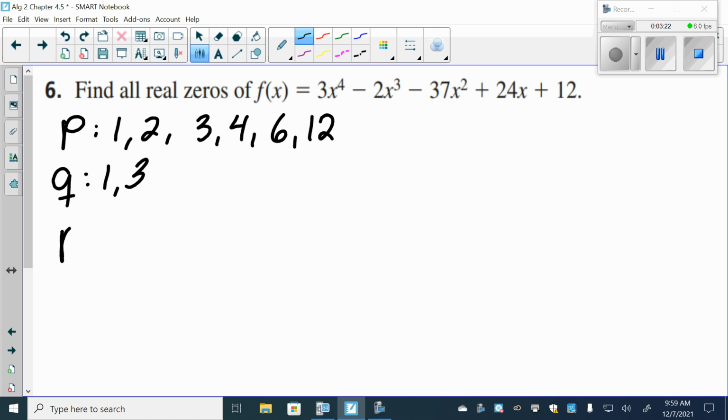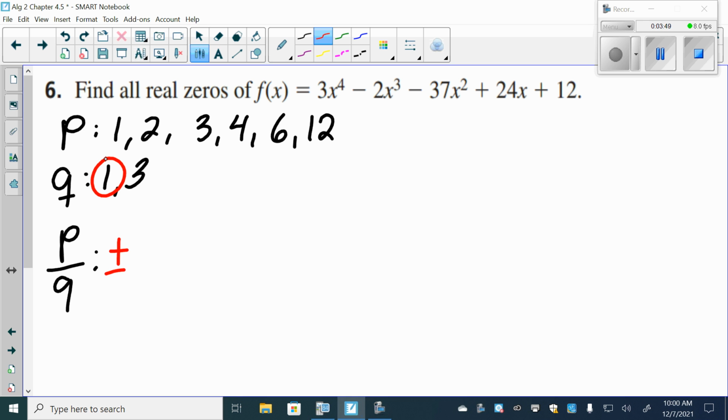Now to find the rational zeros, we're going to take p over q. And in front of each one, we will have plus or minus. And the way that I do this is I take the first factor of q and divide everything by it first, just so we can kind of keep track of it.